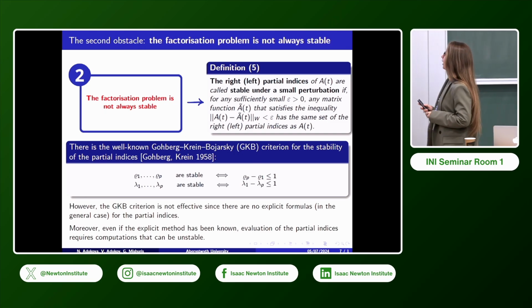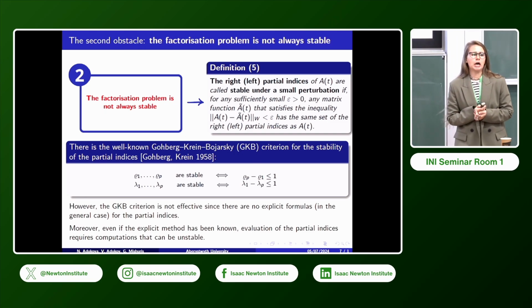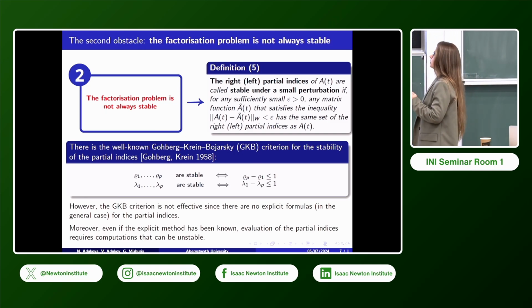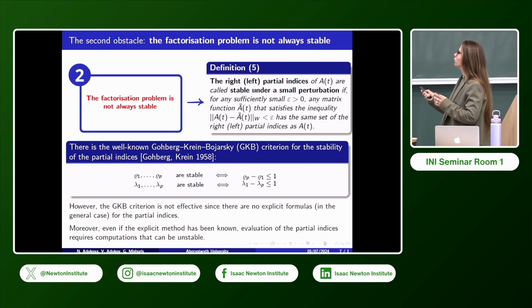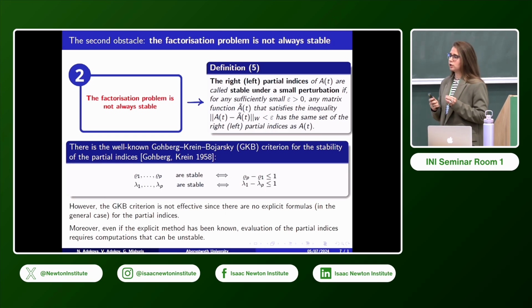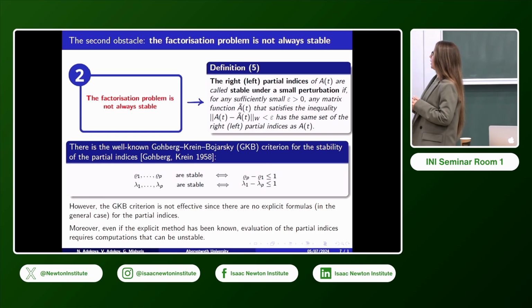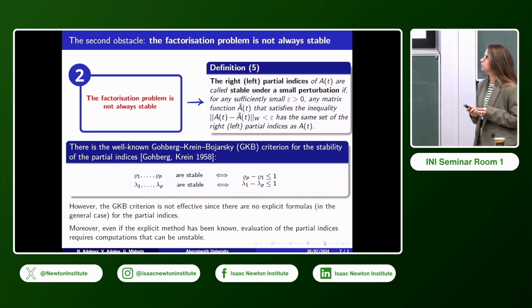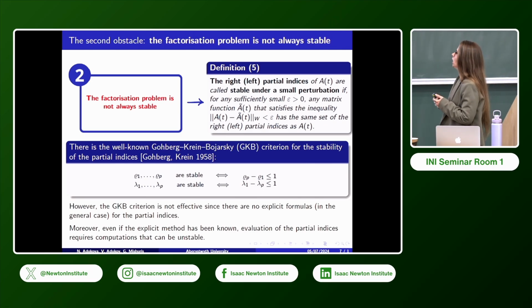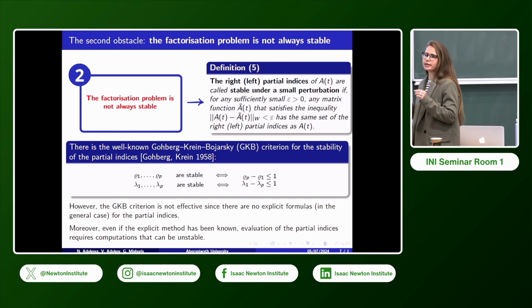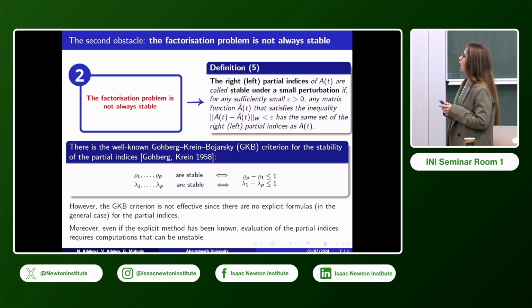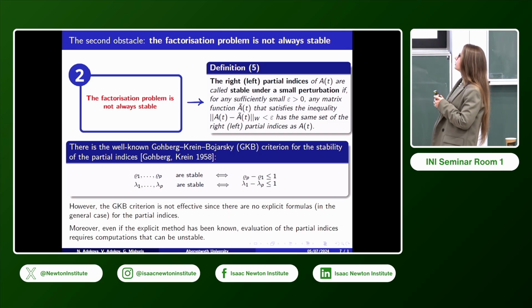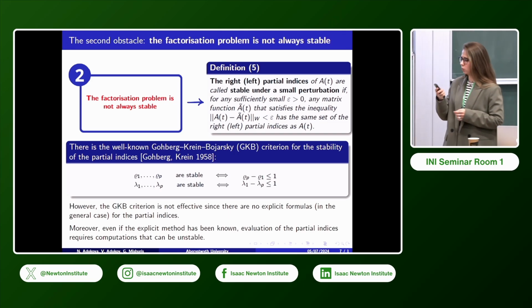Unfortunately, again, the GKB criterion is not effective in the general case because there are no explicit formulas for the partial indices. So even if the explicit methods have been known, evaluation of the partial indices may require computation that can be in turn unstable. So we can say that, generally speaking, the factorization problem is not always stable.